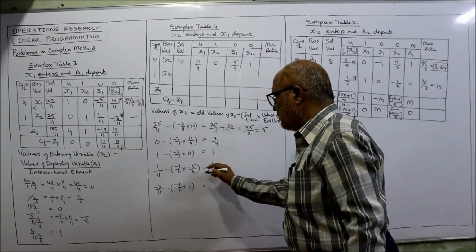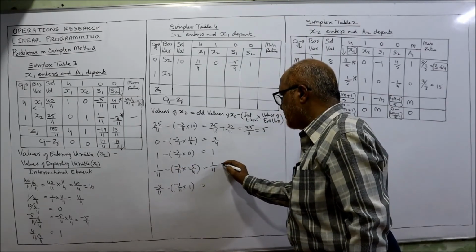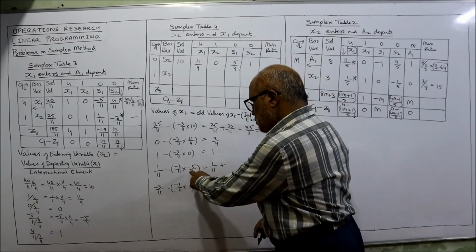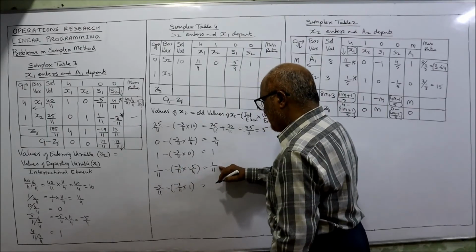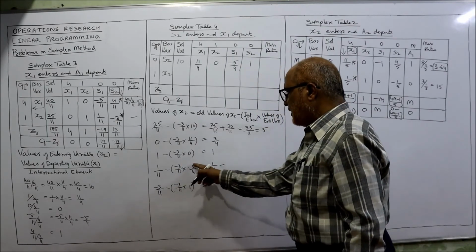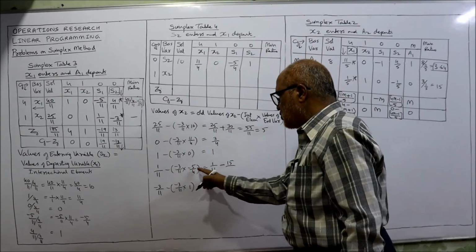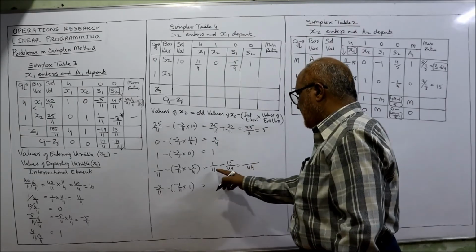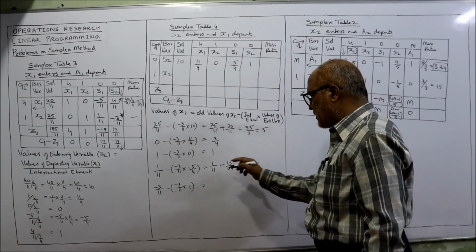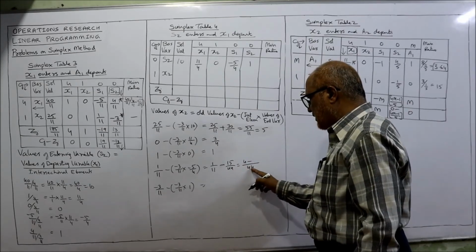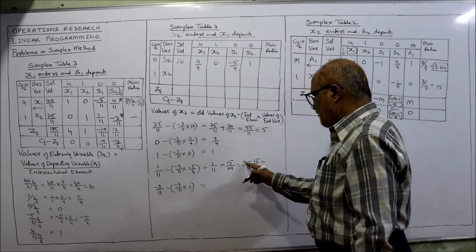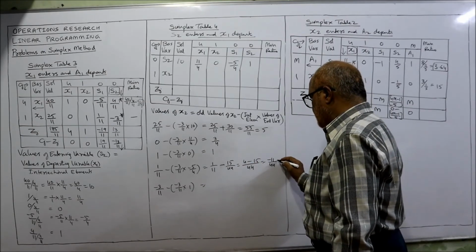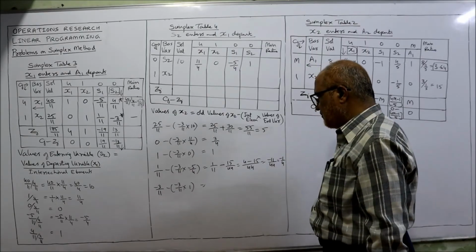Here 1 by 11, minus into minus will become plus, plus into minus will be minus. 3 into 5 is 15, 11 into 4 is 44. So LCM is 44. 11 how many times cuts 44? 4 times, 4 ones are 4. 44 cuts 44 one time, 1 into 15 is 15. So 4 minus 15 is minus 11 by 44, which is minus 1 by 4.